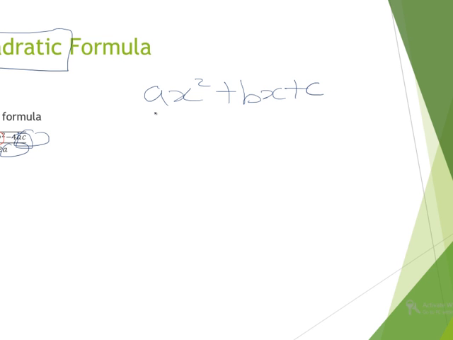If we're given, let's use an example that has an a. So 3b squared minus 5b plus 2. In this case, this will be written in the quadratic formula as negative negative 5 plus and minus. I forgot to put the plus and minus here.